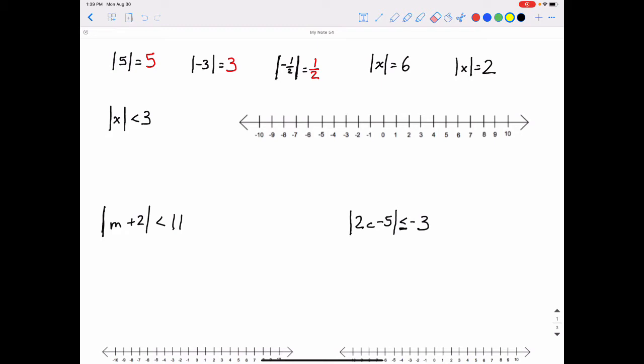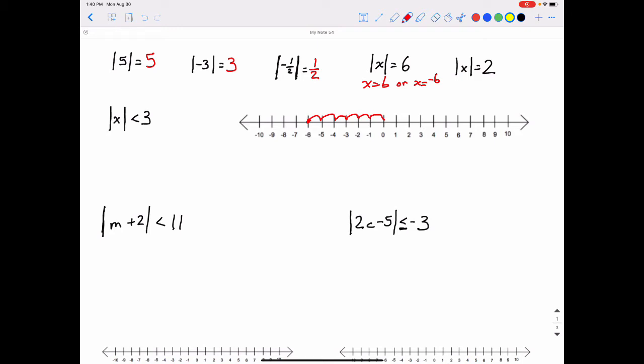And then maybe you were introduced to equations like the absolute value of x equals 6. Well, what values of x would have an absolute value that equals 6? Well, obviously 6 would. So x could equal 6, but x could also equal -6 because just like 6, -6 is also 1, 2, 3, 4, 5, 6 units away from 0 on a number line.